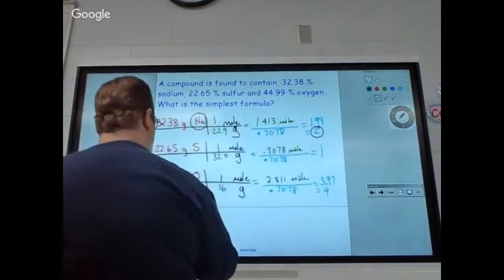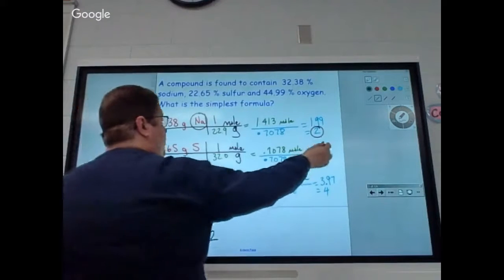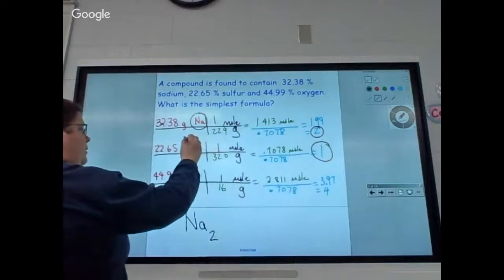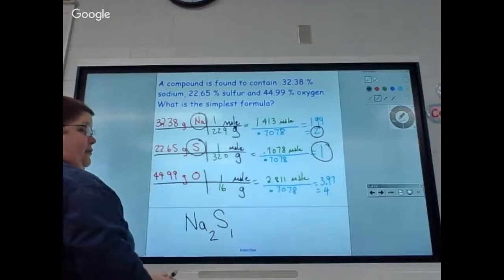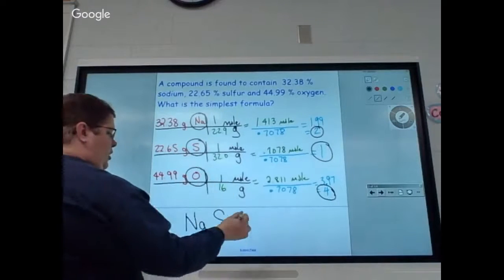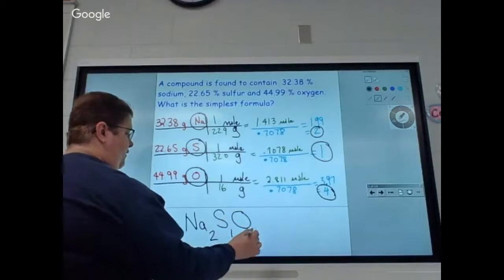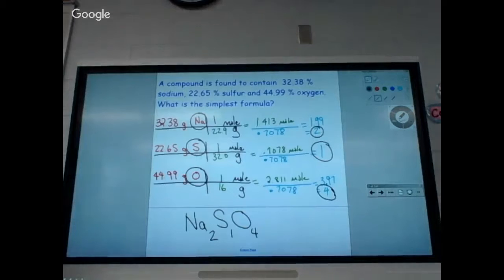Came from sodium. So Na has a 2. The 1 came from sulfur. So S has a 1, which you don't have to write. The 4 came from oxygen, so O has a 4. And there's your formula. Questions?